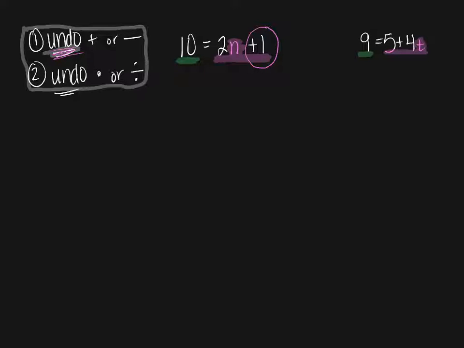The opposite of a positive is what? A negative. So I've got a positive 1, and I need to subtract it or add a negative. It's better if you think of this as adding its opposite. Because I've got addition going on here, I'm adding a positive 1. I now need to add a negative 1. And what I do on my pink side, I have to do to my green side.